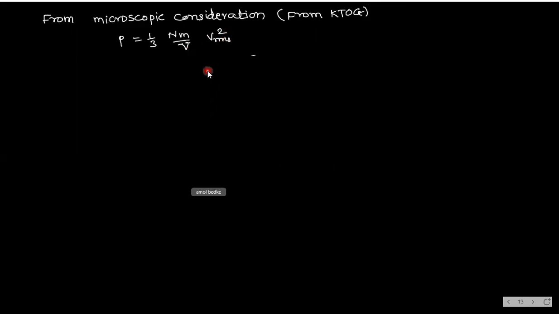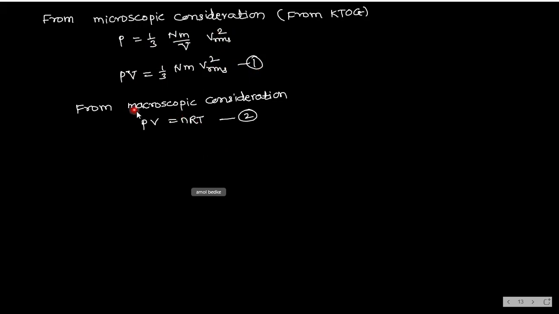Okay. Then after this, this V I am transferring here. So PV is equal to 1 by 3 Nm into Vrms square. Call this equation number 1. Now from macroscopic consideration, that is from the ideal gas equation, PV is equal to nRT. We know this is your second equation.